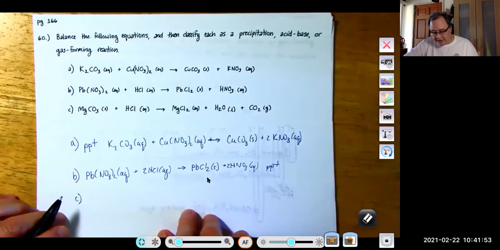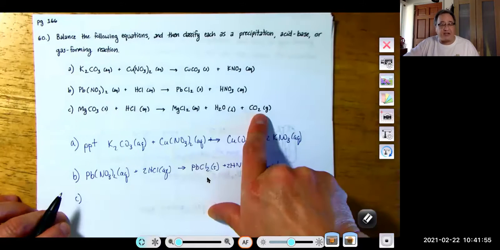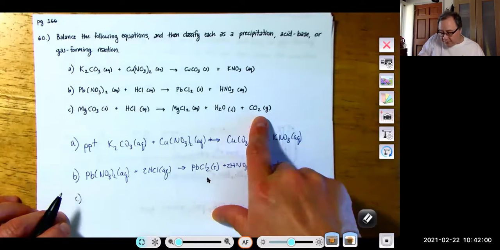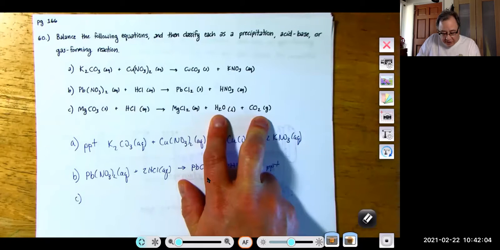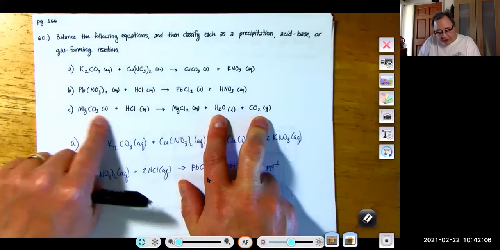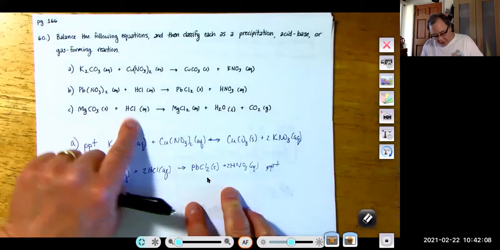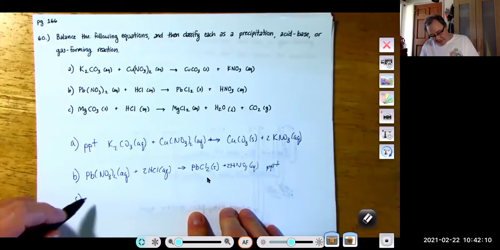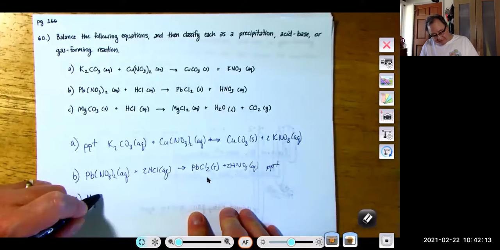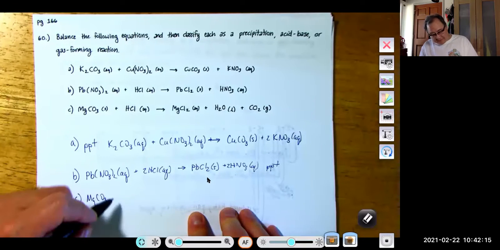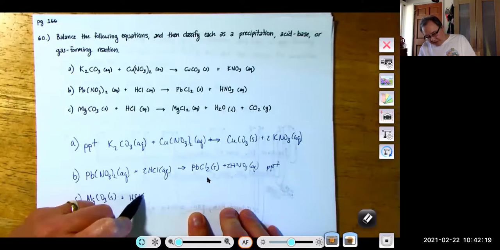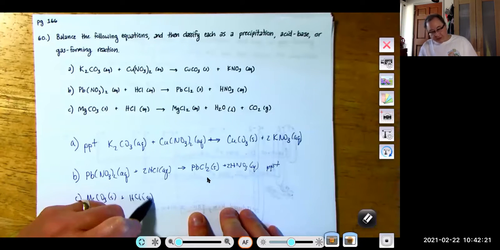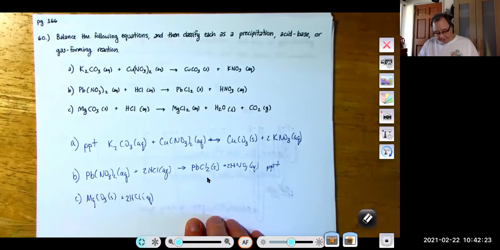C looks to me like it's a gas forming reaction because of the CO2. So I know to make this right here, I have to have 2 hydrogens and 1 carbonate. Here's my carbonate. There's only 1 hydrogen, so I need 2 of those. So I'm going to write MgCO3 solid plus HCl aqueous, and I need 2 of those to get 2 hydrogens.